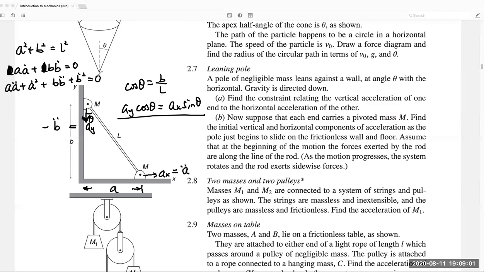Wait, AX is just A double dot, right? Yeah. So can you just substitute it in, because B double dot equals A double dot times A over B. So what you say is A dot equals negative B over A times B dot, and then you substitute in this formula.